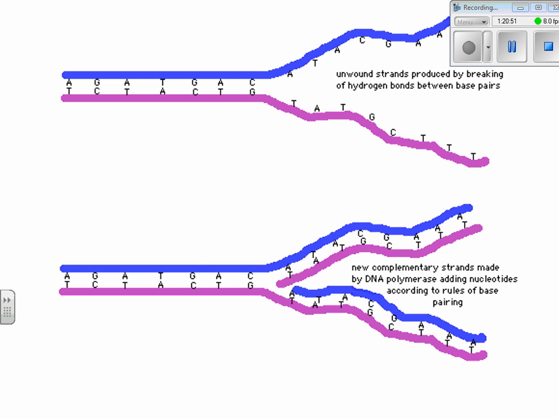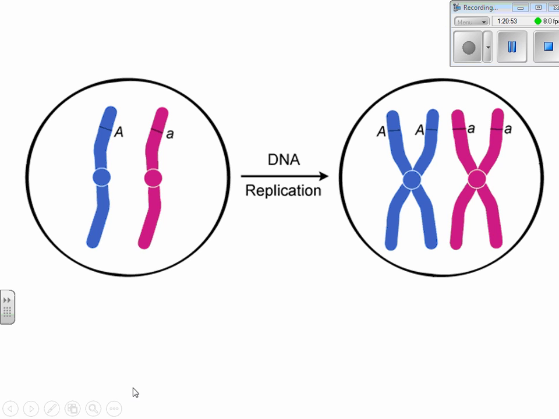Now, let's work our way up to this. What we're aiming to do is to start with a pair of chromosomes, all right? This is a single pair of chromosomes here, carrying gene A, all right? Not necessarily the same form of gene A, but once the DNA has been replicated, both the blue one and the red one in that pair have become a pair of chromatids.